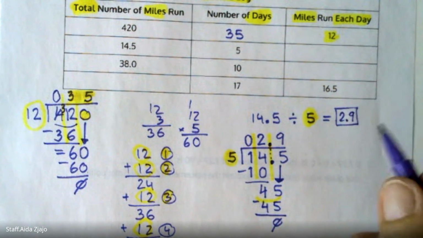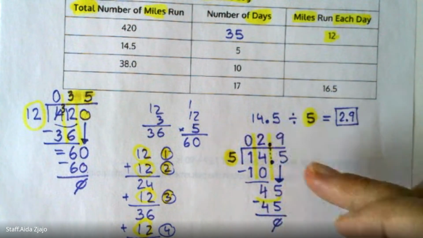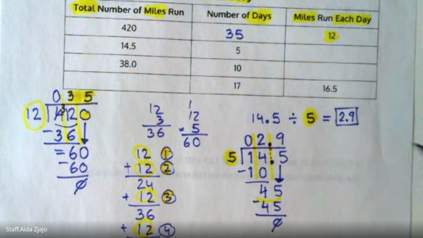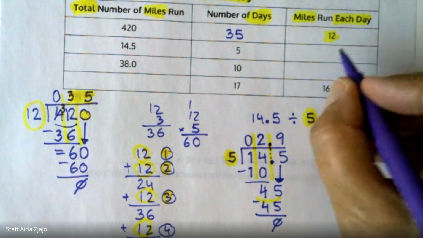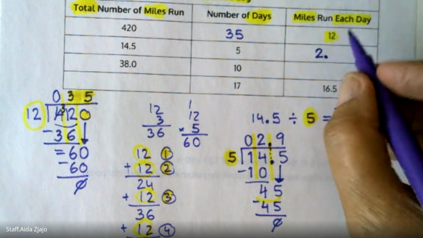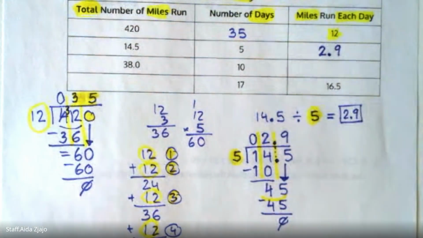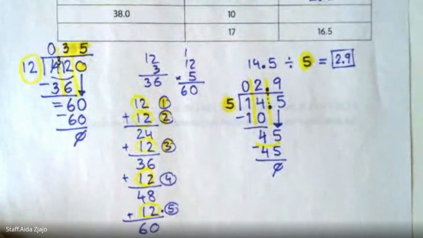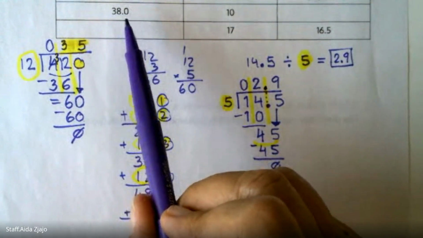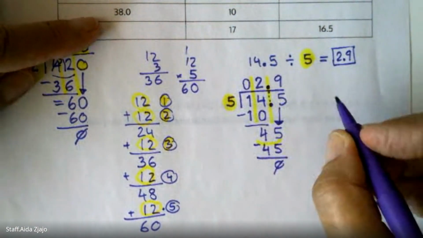It's the same thing if you did 145 tenths divided into 5: you get 29 tenths, and then you change 29 tenths into 2.9. So he ran 2.9 miles each day. Okay, the next one: there is a total of 38 and the days are 10. So still we have the total.